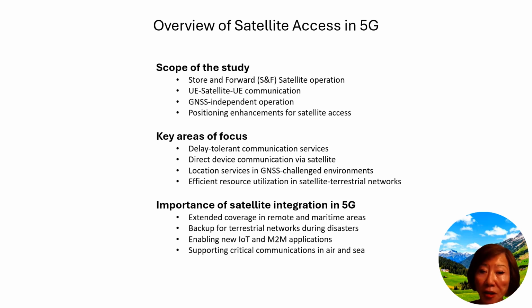UE to satellite to UE communication is another focal point, investigating how devices can communicate directly through satellites without involving ground networks. This capability could revolutionize emergency communications and enable new applications in maritime and aviation sectors.